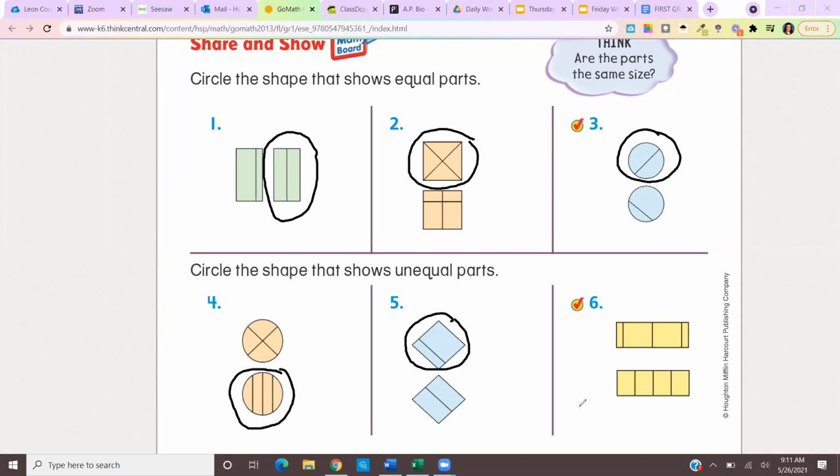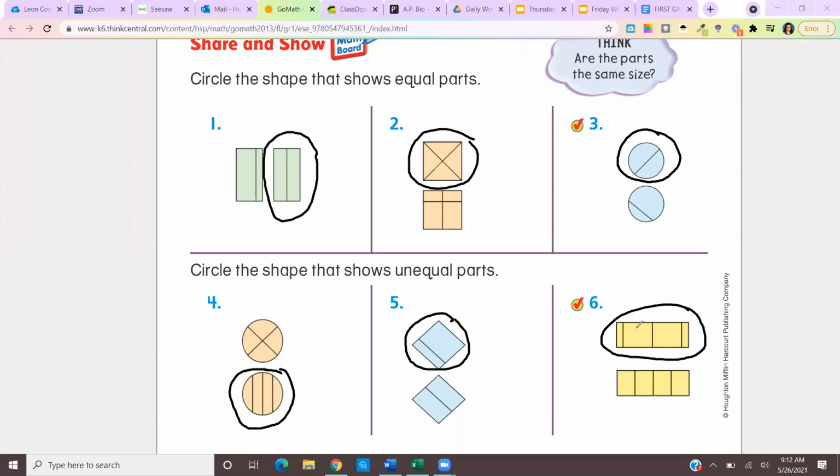Look at number 6. Number 6 again is one of our challenge problems, but you guys are so smart. We got this. Once again, we're looking for unequal parts, which means every piece is not the same size. Does this show unequal? Yes, it does. So we need to circle that shape.